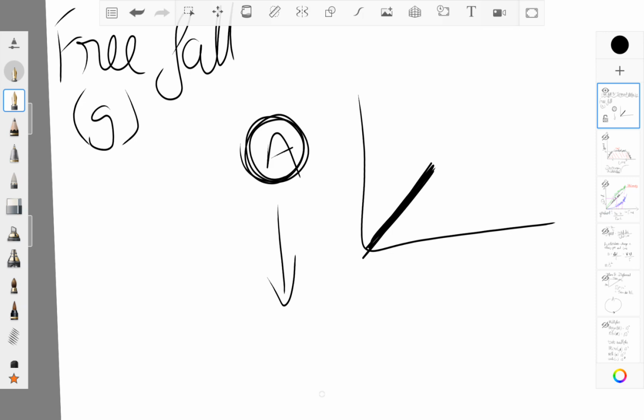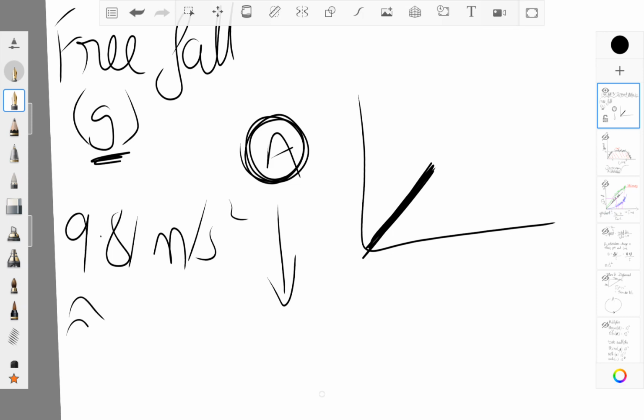And on Earth, the acceleration of free fall, which is this small g, also called gravitational field strength, has a value of about 9.81 meters per second square, and we can usually round that to about 10 meters per second square. That's the acceleration of free fall.